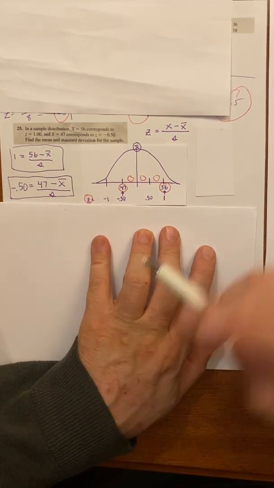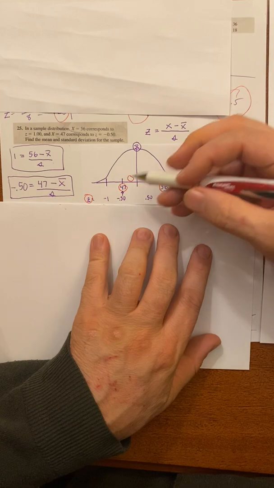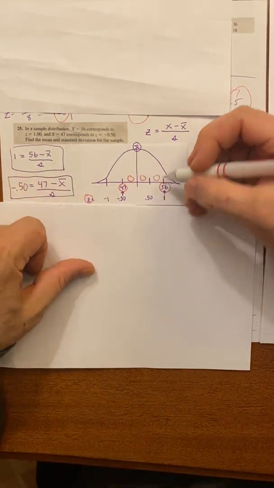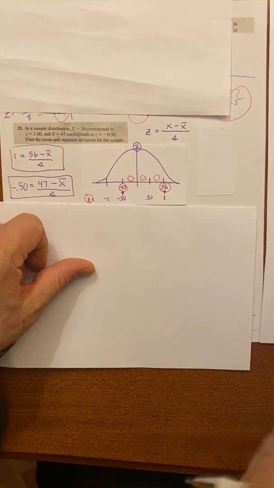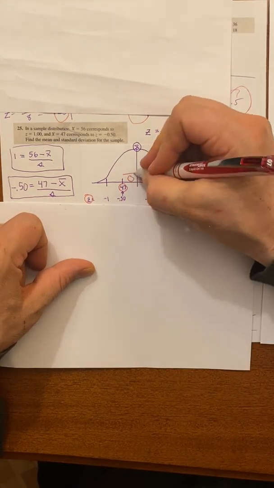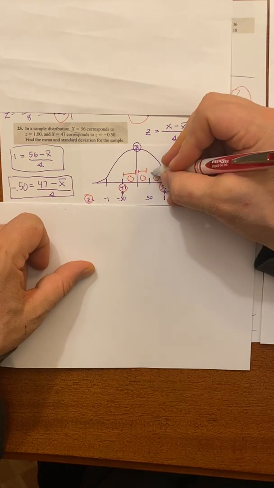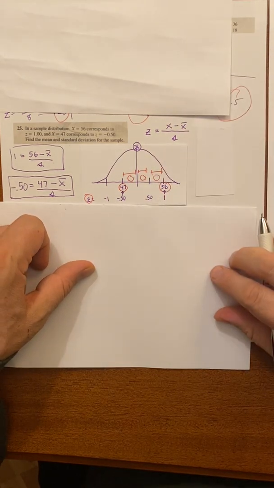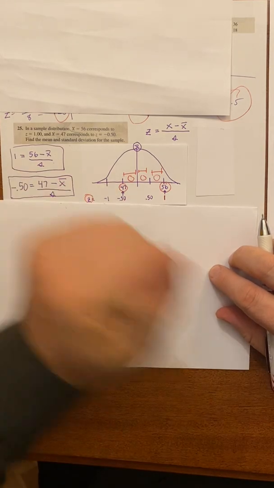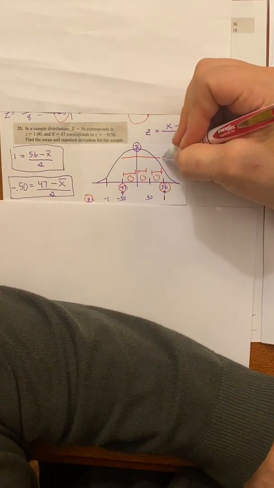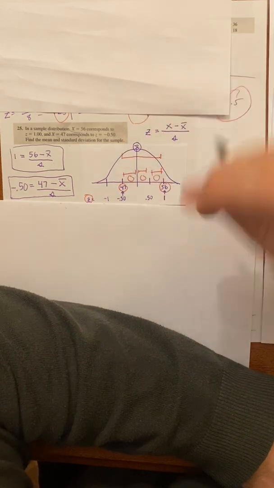So if I'm organizing the data in this way, each of these units is half of a standard deviation unit, right? From there, I'm thinking, okay, well, I've got this total distance between the 56 and the 47.